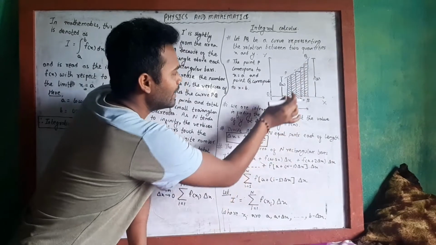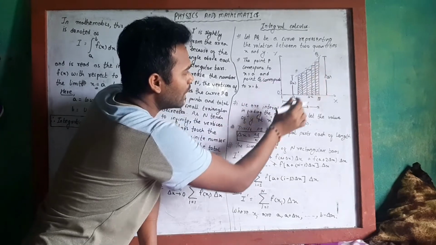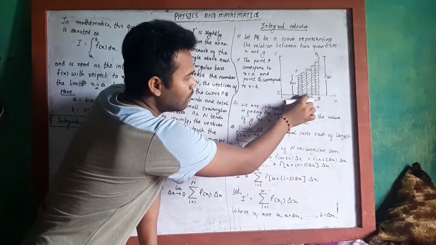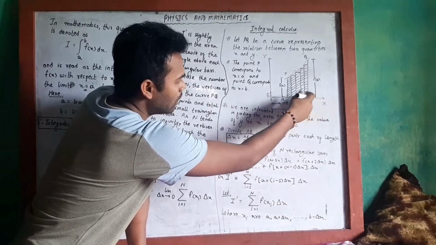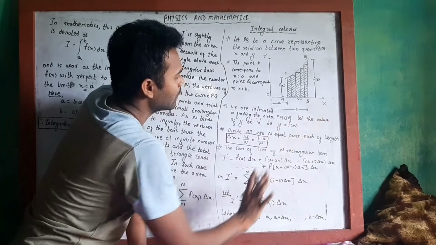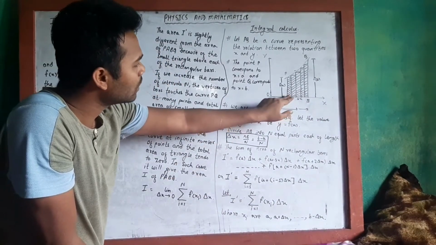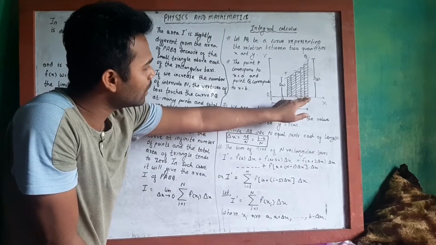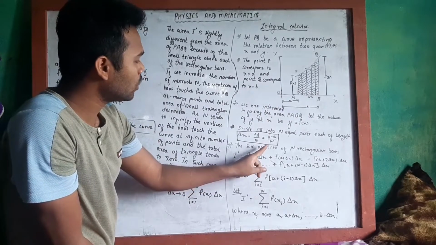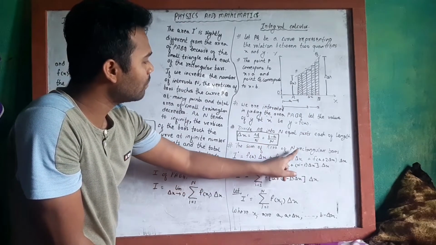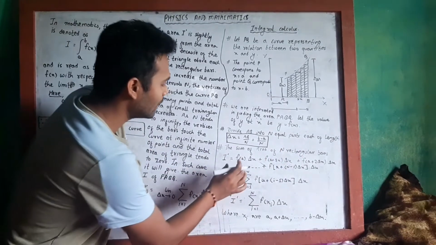Now the area of these shaded rectangular bars will be given by the area of this rectangular bar plus the area of the next rectangular bar and the area of the next rectangular bar. In this way, if we go on summing the area of each rectangle, then we'll get the total sum of the area of n rectangular bars.